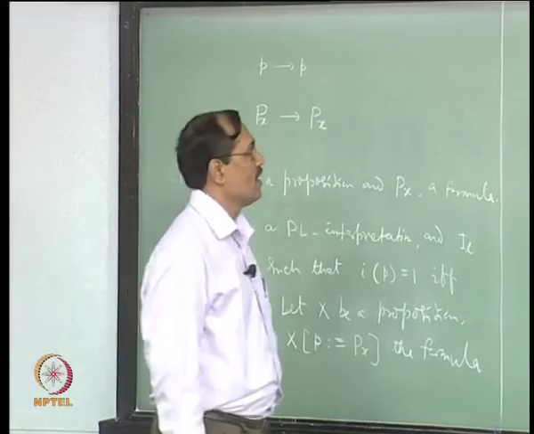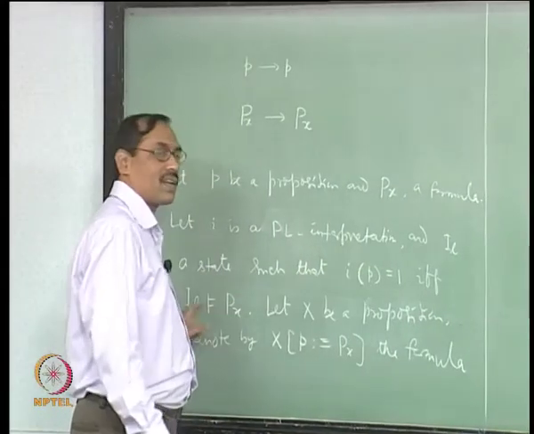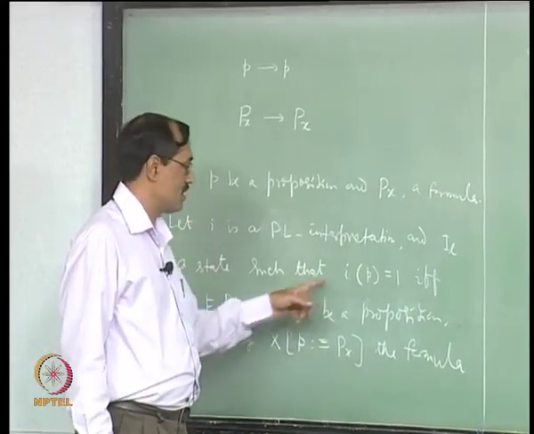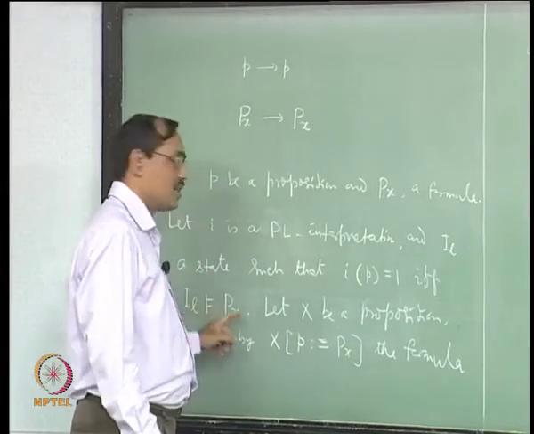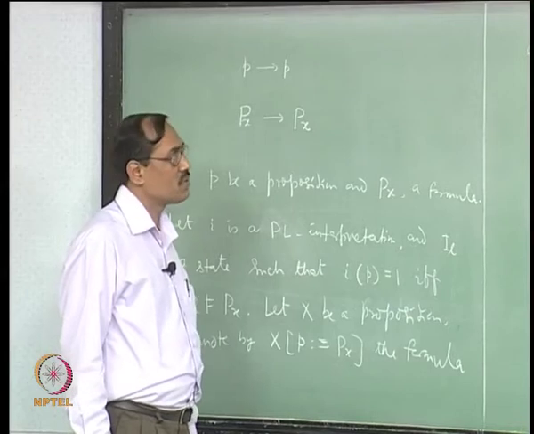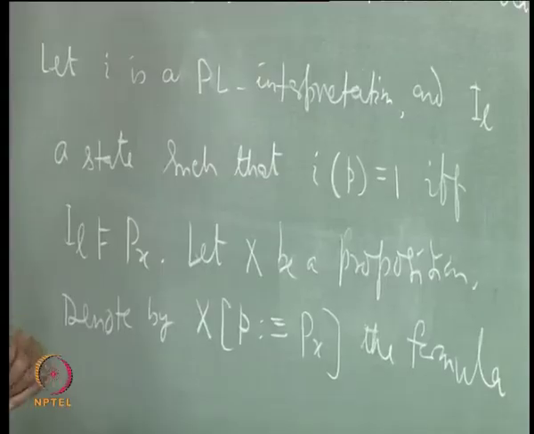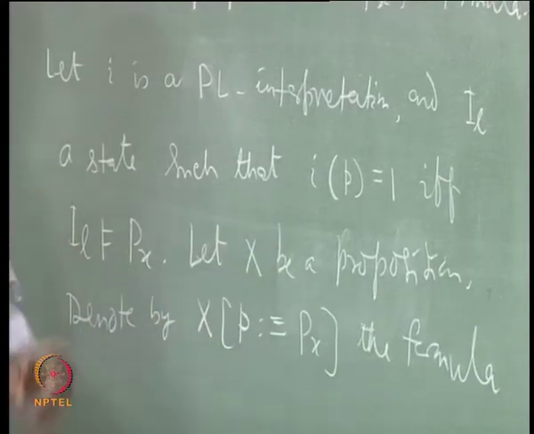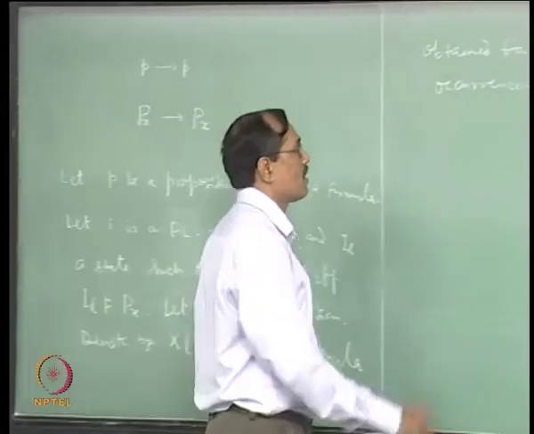Now, since I and IL are connected the same way, small I satisfies small p if and only if IL satisfies Px. So, what we expect is x is satisfied by that I if and only if x with p substituted by Px is also satisfied by that IL.